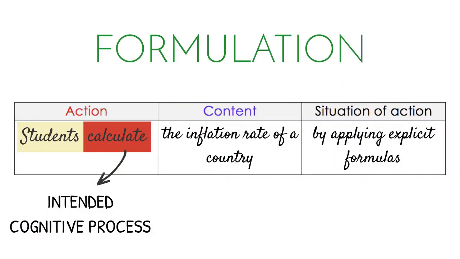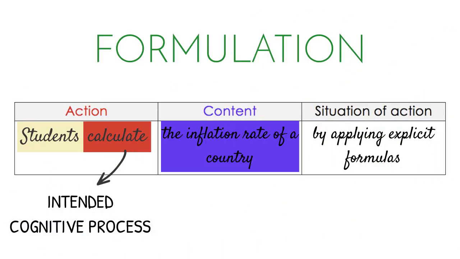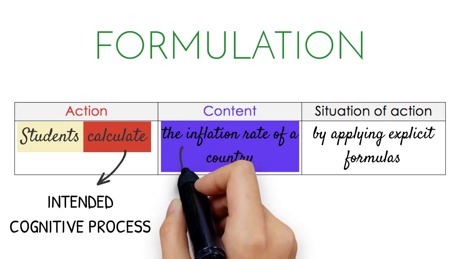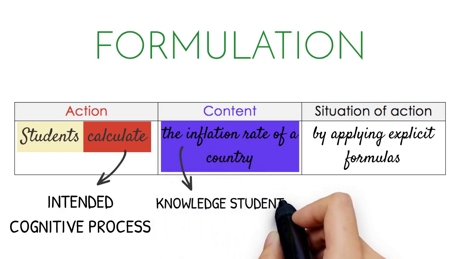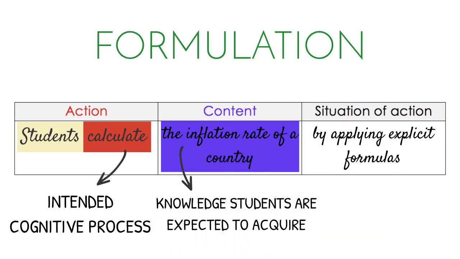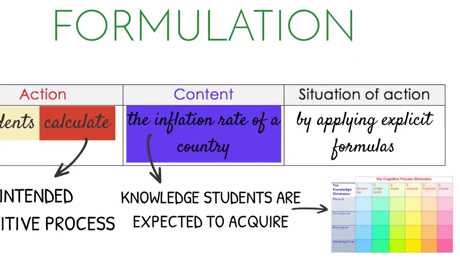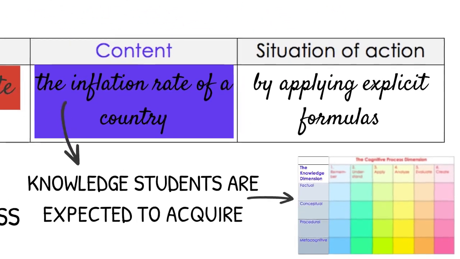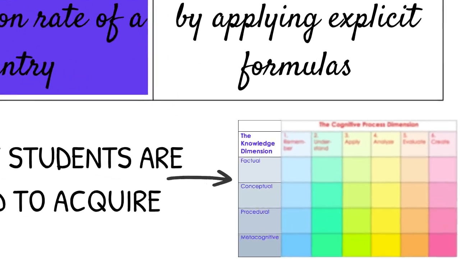The content is represented by an object in the sentence of a learning goal. The object generally describes the knowledge students are expected to acquire or construct when achieving the learning goal. In order to define this knowledge, we will now look at the other dimension of the taxonomy of Anderson and Krathwohl, the knowledge dimension.